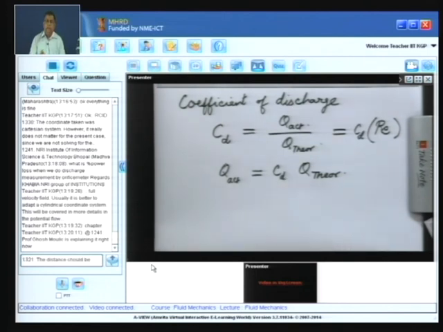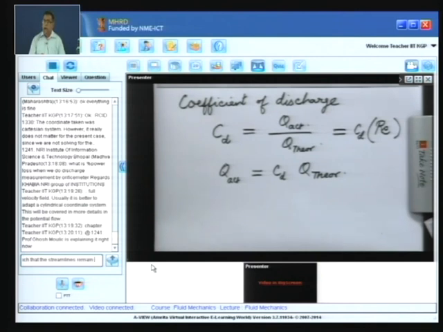Now, you will find that C d for a venturimeter is larger than the C d for an orifice meter. The C d value, as I said, would be 1 for inviscid flow.